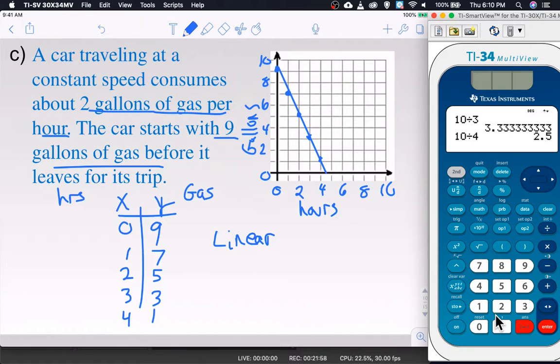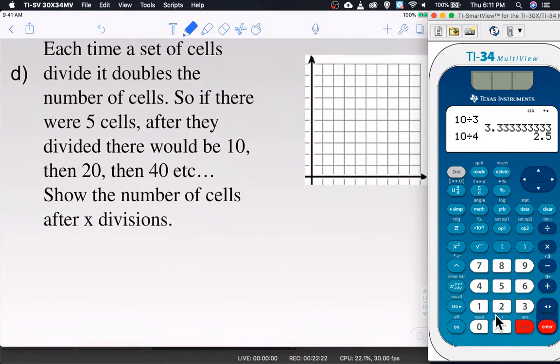It's linear and it's decreasing. And we could also add, if we wanted to, it's part of linear, we could say decreasing at a constant rate. That doesn't hurt. It makes your answer a little better. And there we go.